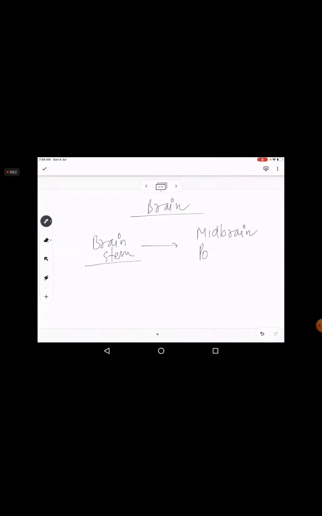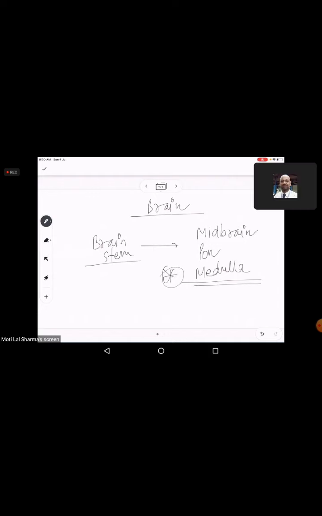In your textbook, some functions of the medulla are given, so here we shall be discussing those functions. I shall speak these and then stop, and this topic will be continued in our next class. Some very important functions are performed by the medulla.